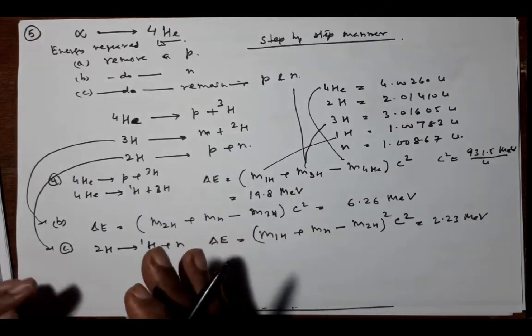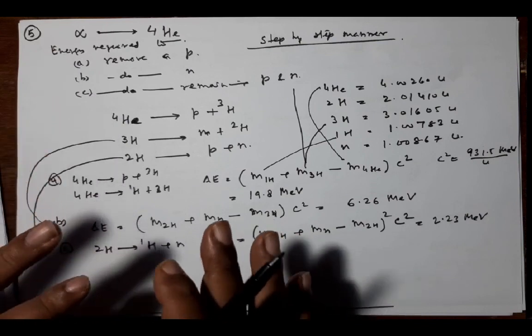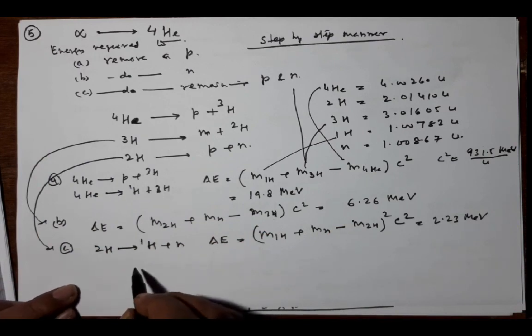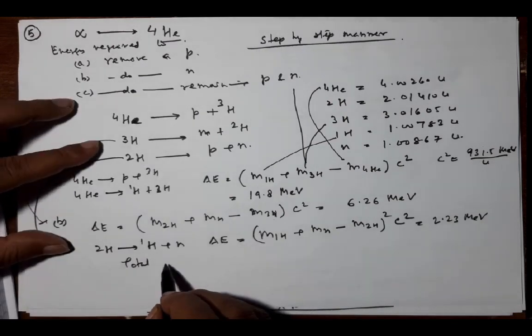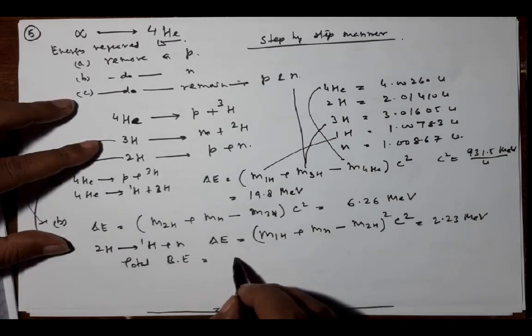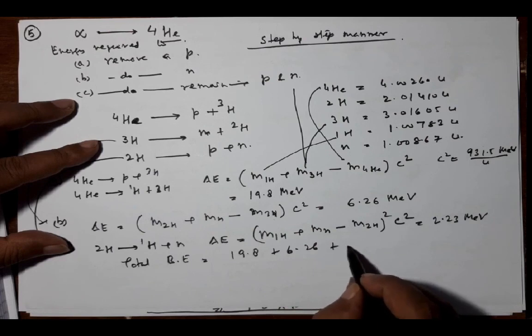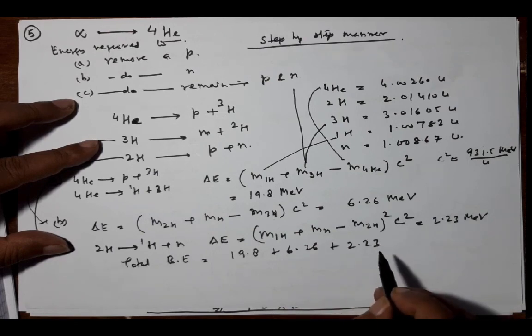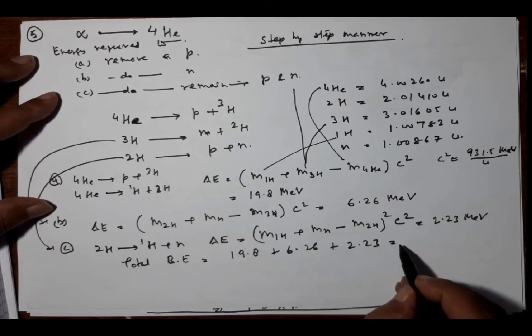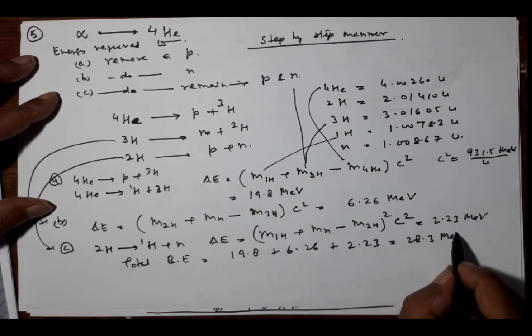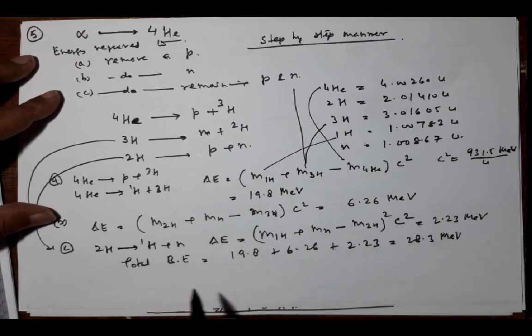So now with this process you can see that all the nucleons have been taken out. So total energy, from here we can find out total binding energy is nothing but 19.8 plus 6.26 plus 2.23 is equal to 28.3 MeV, or sometimes it is also called what is the total binding per nucleon.